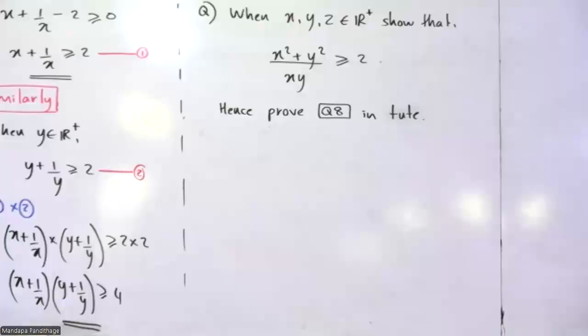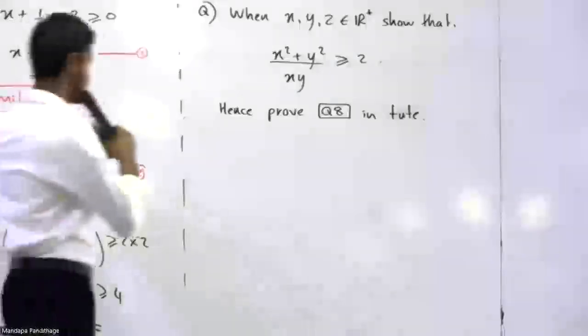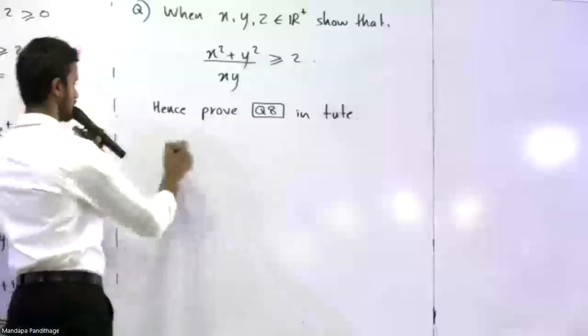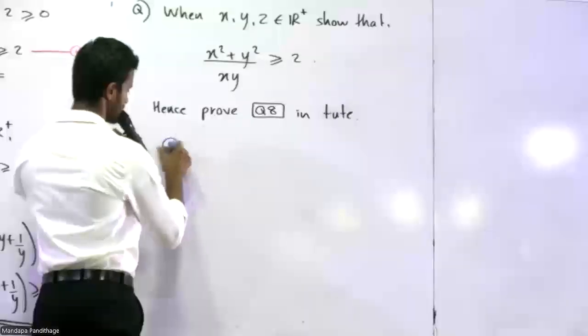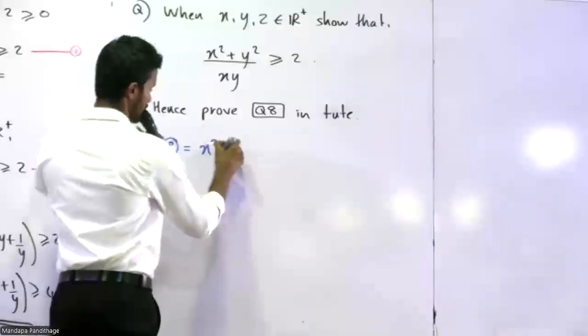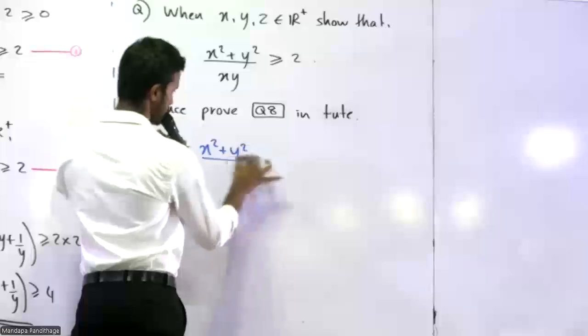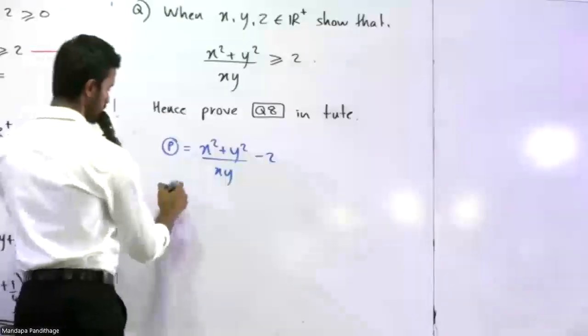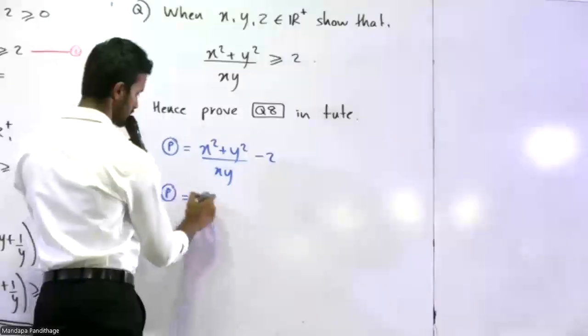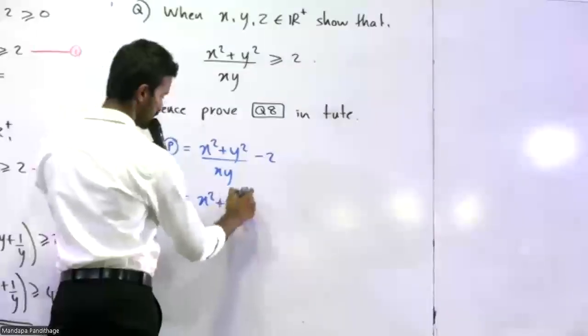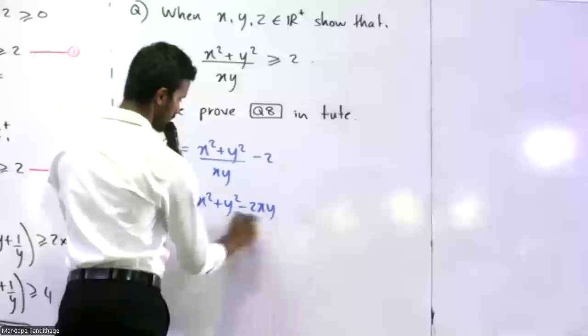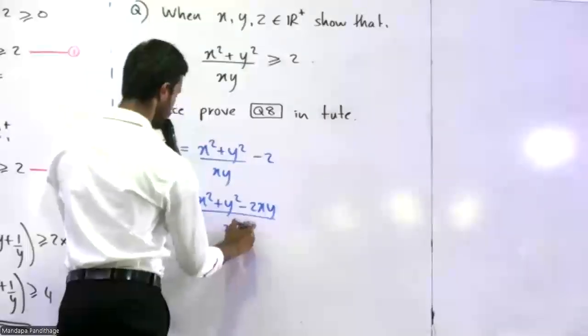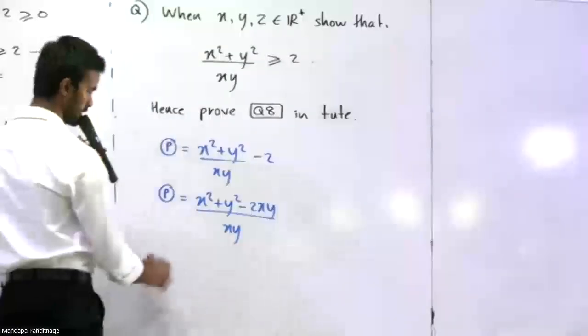Okay, done. So first thing, name this expression as P. x squared plus y squared over xy minus 2. So when you take xy as a common denominator, you get x squared plus y squared minus 2xy.